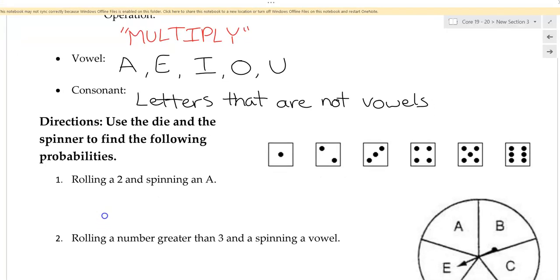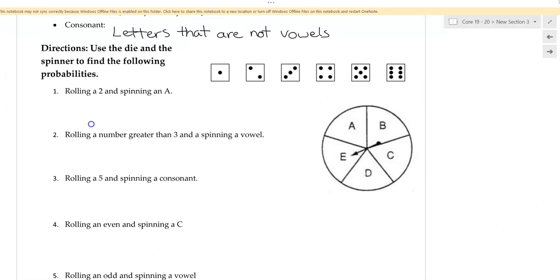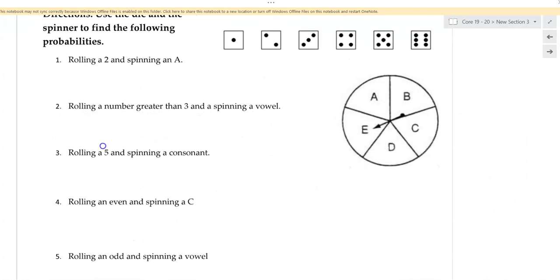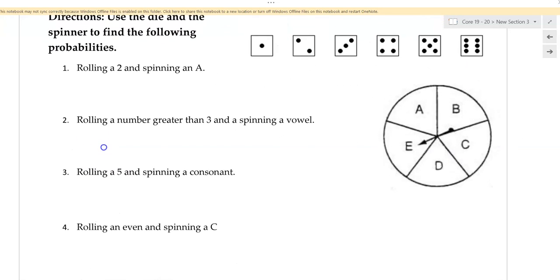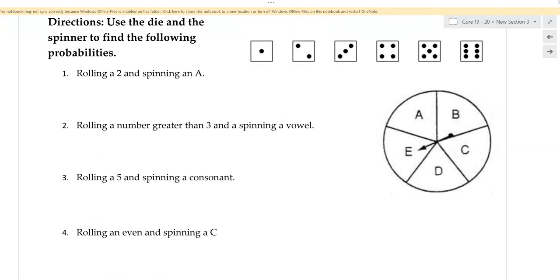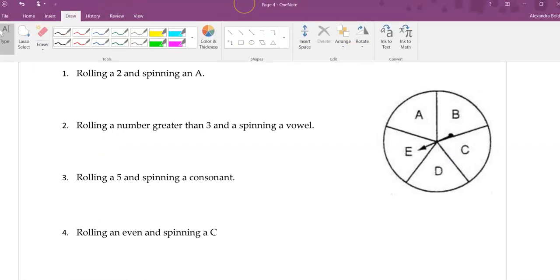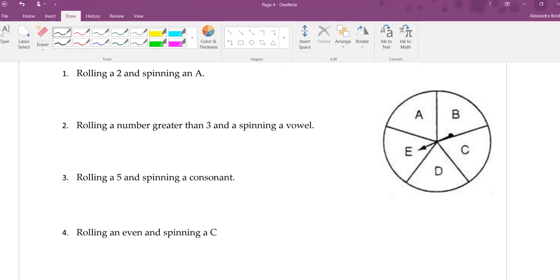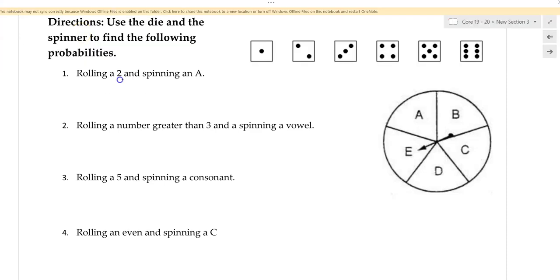Okay, so we're going to use our die and this spinner to find these probabilities. We want to find the probability of rolling a 2 and spinning an A. The first thing I'm doing is rolling a 2, so I want the number of 2's over the number total.